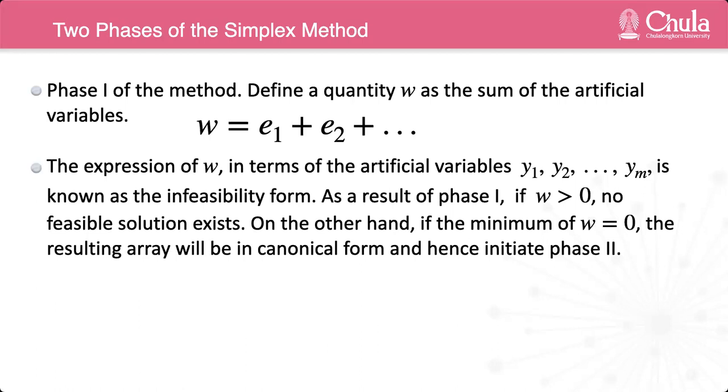So we have to define one variable, we call it W, which is the sum of the artificial variables. All artificial variables we sum up, and W is E1 plus E2 and so on.